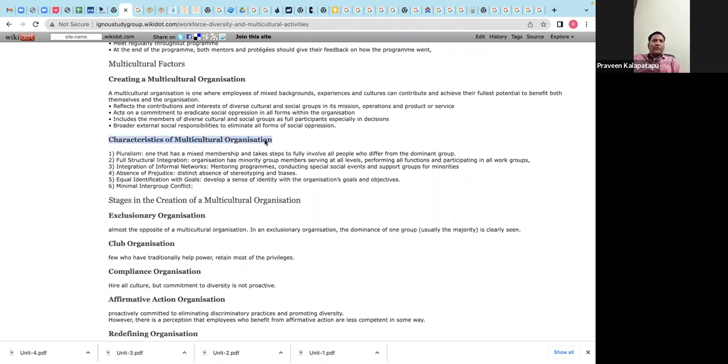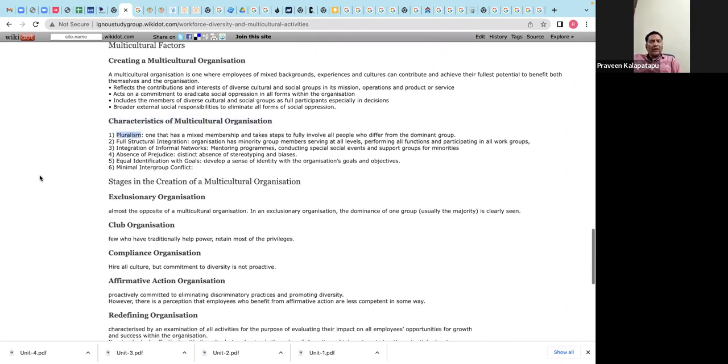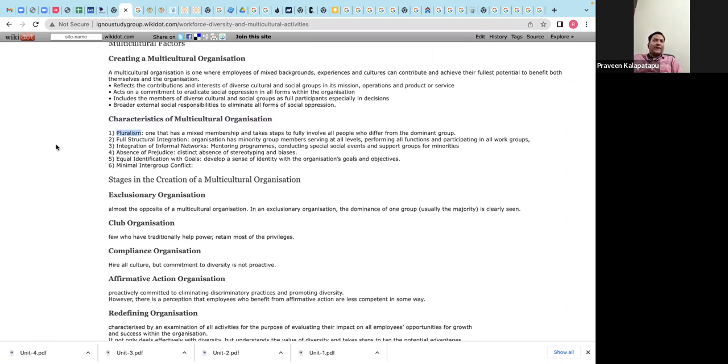Next we are going to check the characteristics of a multicultural organization, right? This is something that we could predict to some extent. One is pluralism. Here we are saying we are having mixed membership. You are going to have people from various diversities, not just from one dominating group, right? Full structural integration, at all levels, not only in all groups.